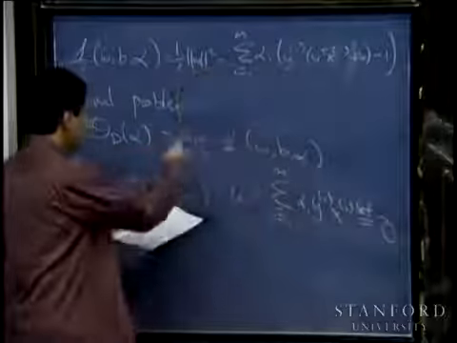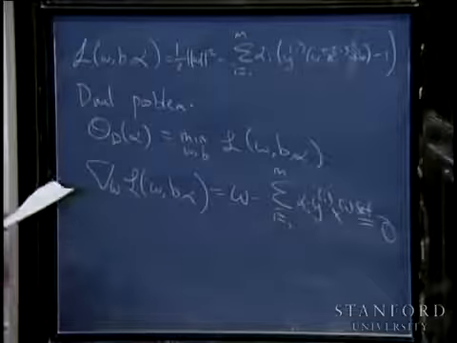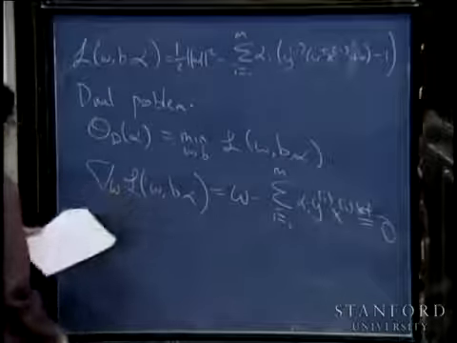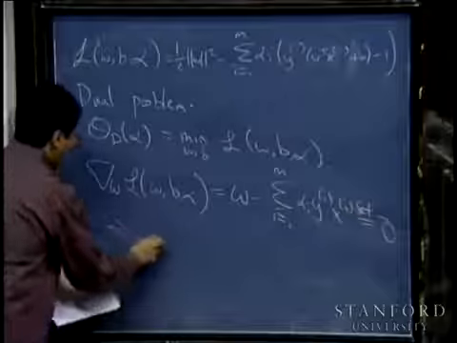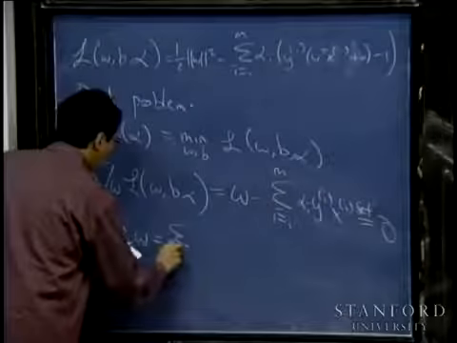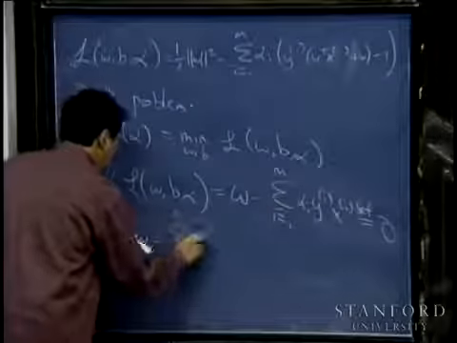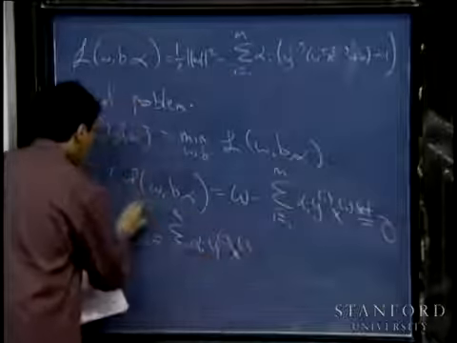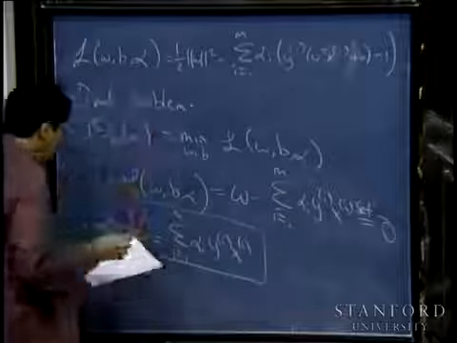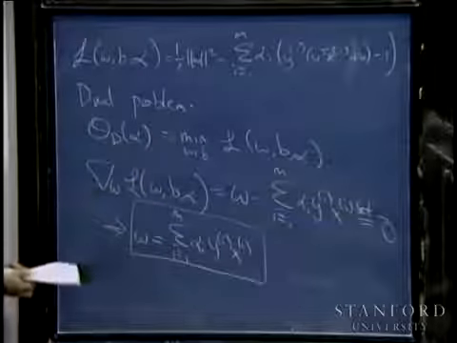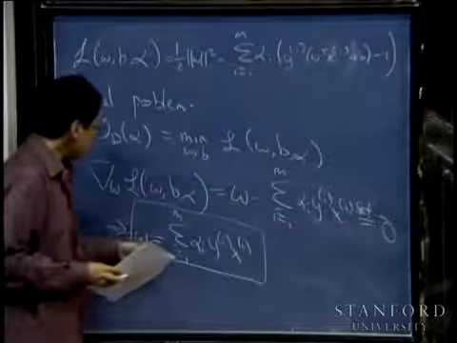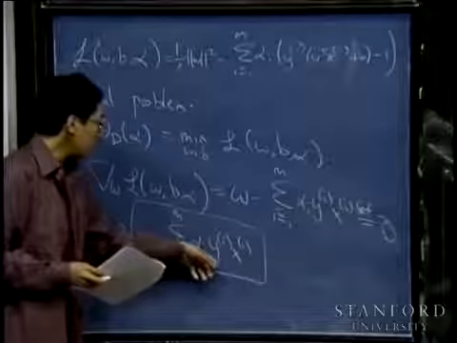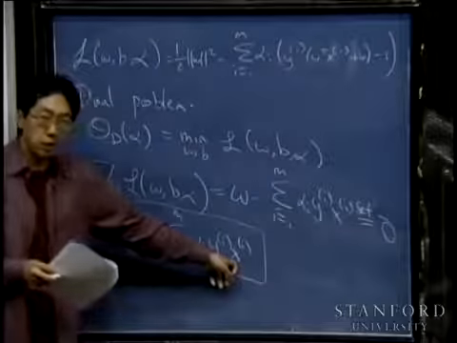Right, so I want to minimize this as a function of W, so I take the derivative and set to 0, and I get that. And so this implies that W must be that, okay? And so W, therefore, is actually a linear combination of your input feature vectors x_i, right?